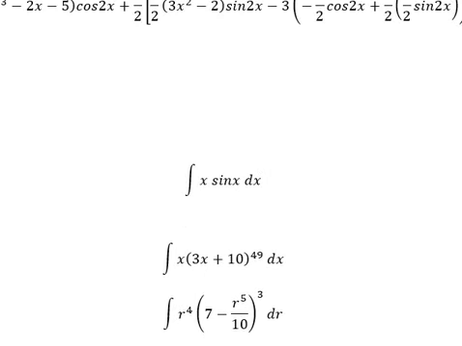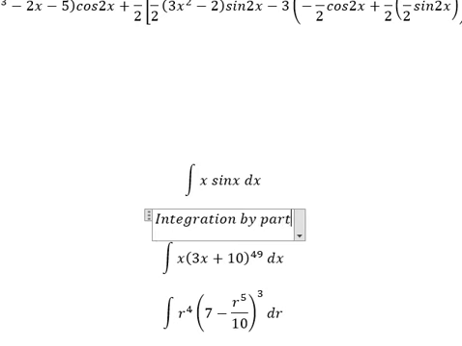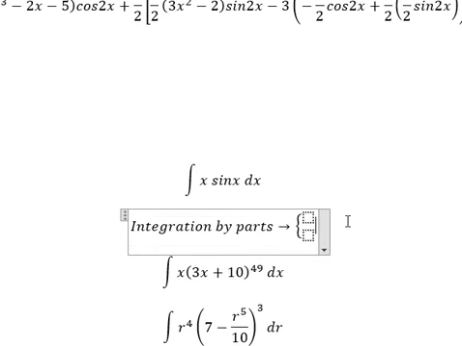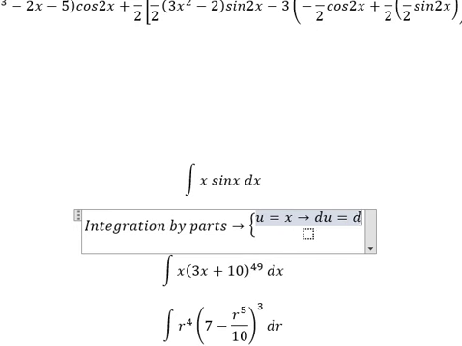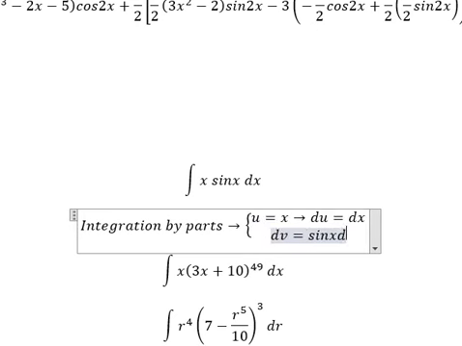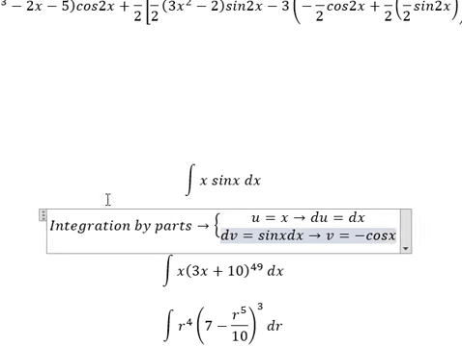The next one, we need to use integration by parts. So we got u equals to s, du equals to ds, dv equal to sine s ds. The integration of sine s, you got v equal to negative cosine s.